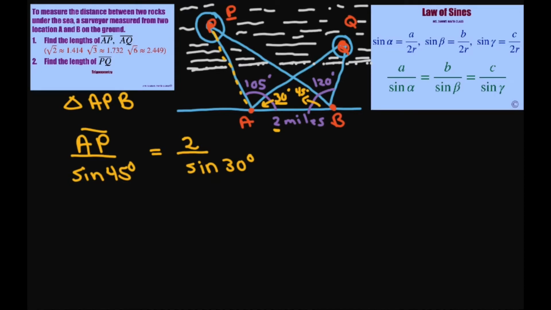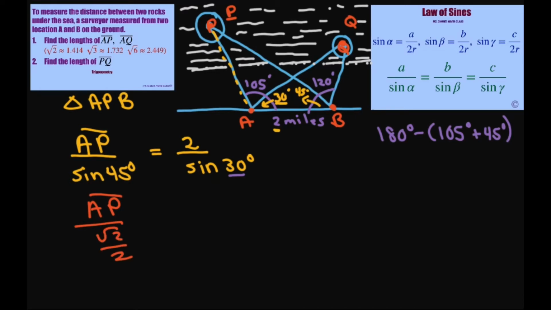And basically what we're doing for this 30 degrees is taking 180 minus 105 degrees plus 45. And that gives us that. Now when you cross multiply, let's write this: AP divided by square root of 2 divided by 2 equals 2 divided by sine of 30, which is 1/2.